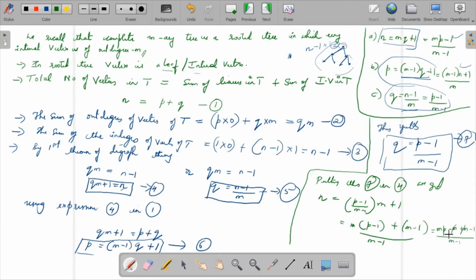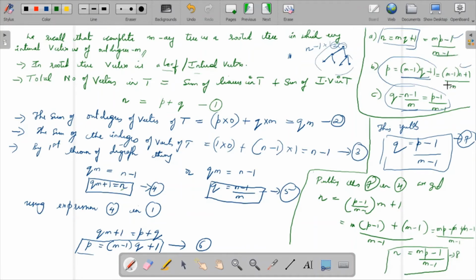So this and this would cancel, and it would result into mp minus 1 divided by m minus 1. So this is n equal to, this is my 8th equation that I've got.